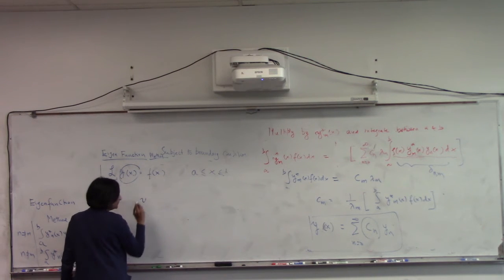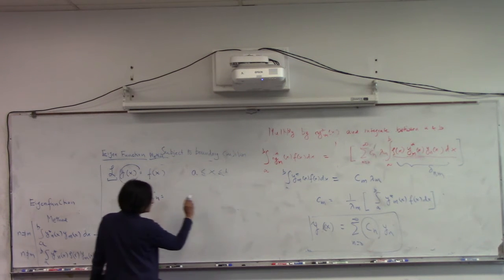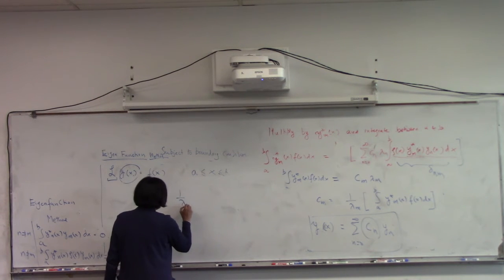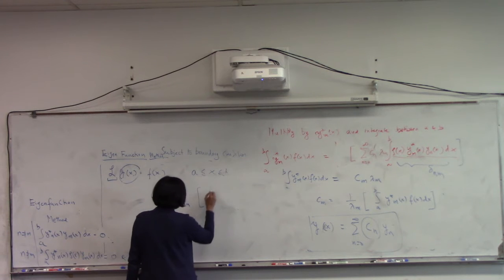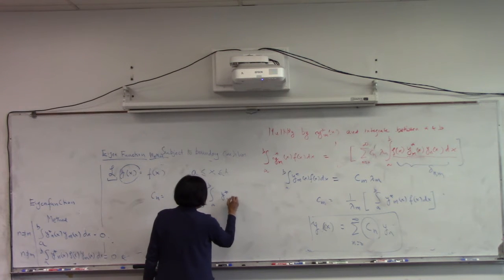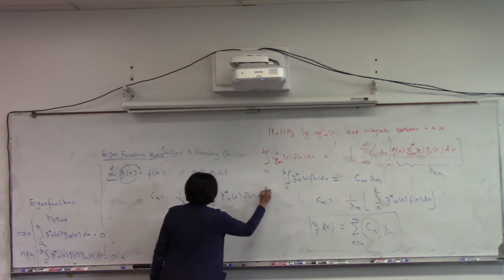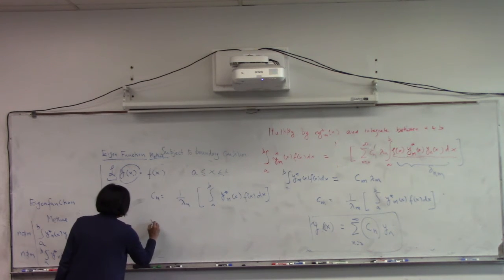So I can see Cn, I'm going to write it like this so that I don't mix up some indices. I can write it like this. M is equal to n. I'm just changing the label so that I can have it correctly.